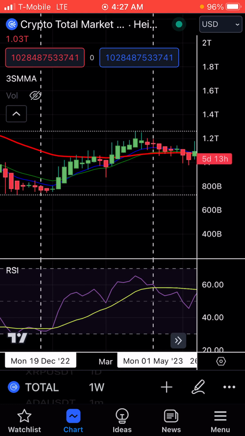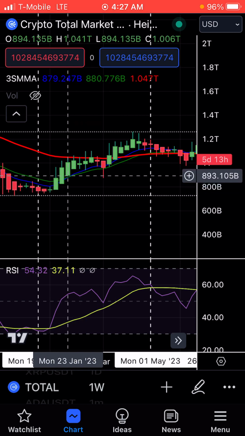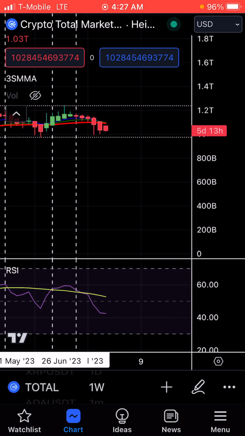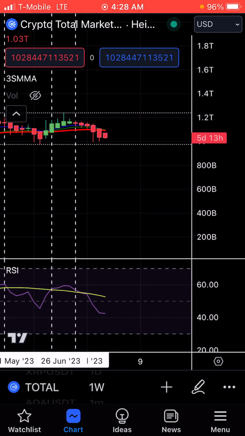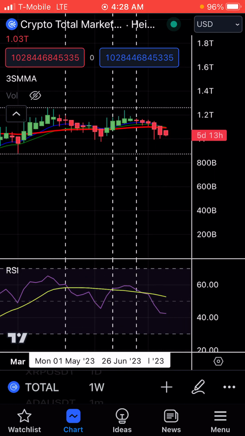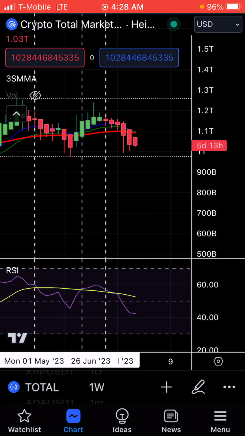So when you see the total market cap cross on the RSI, you'll know that you're going to be starting in an uptrend or downtrend, depending. You just look for the cross on the RSI. So that's basically it, and doing this will help your chances with your trades, because you'll basically know what direction the market's going every time.